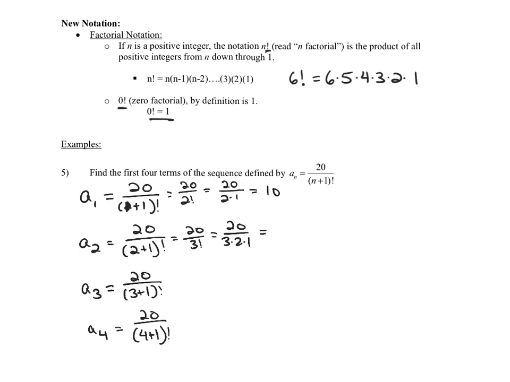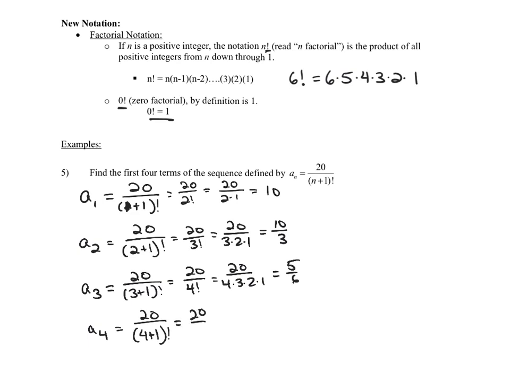So 20 over 6, which reduces to 10 thirds. Then we have 20 over 4 factorial. So 4 factorial is 4 times 3 times 2 times 1, which is 24. So 20 over 24, which is 5 sixths.